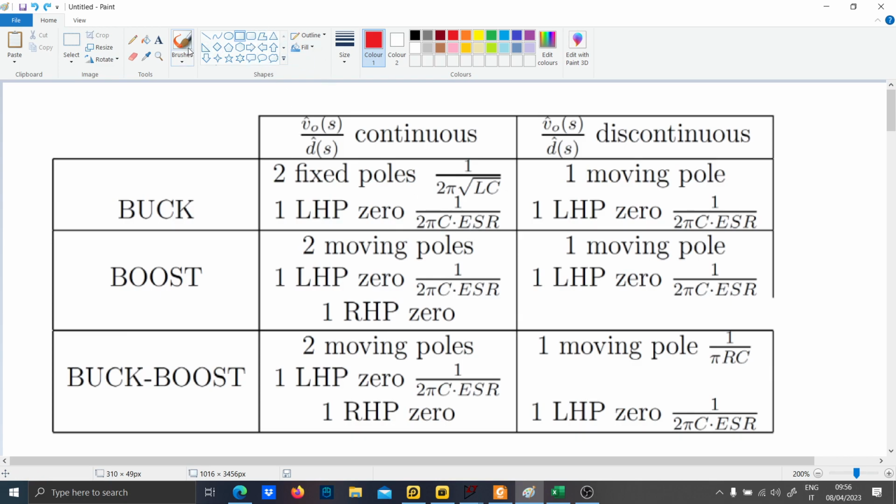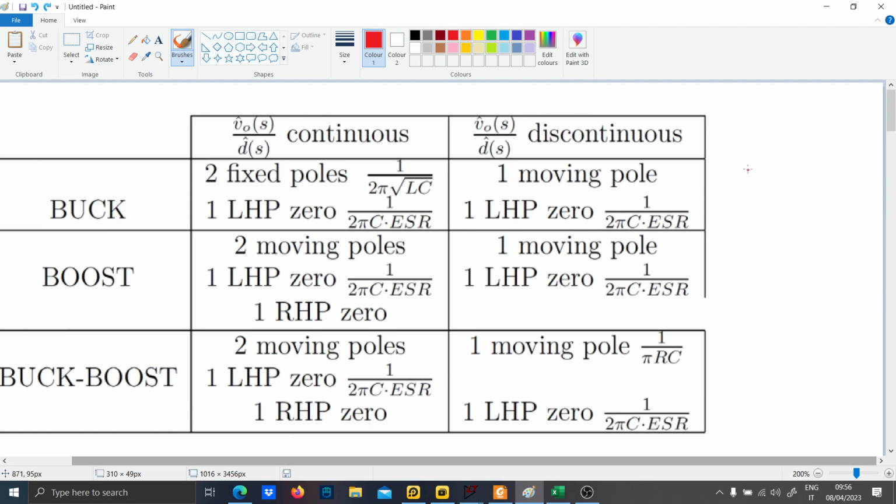If you study the transfer function of a buck converter, you will discover that the buck converter has the high side switching, the diode here, and the LC group at the output with L and C here, plus the ESR.